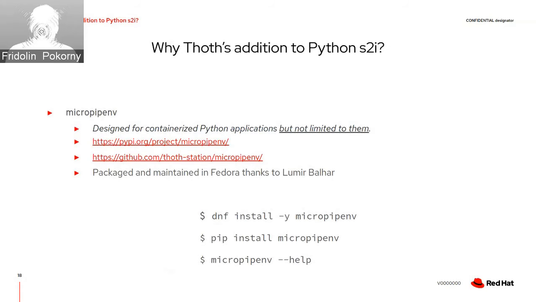And if you want to install it, you can also install it using DNF. Thanks to Lumir, who packaged it as an RPM, you can install it using dnf install micropipenv. If you would like to use the version that is available on PyPI, you can install it using pip install micropipenv.